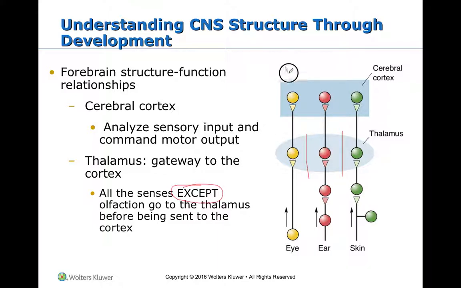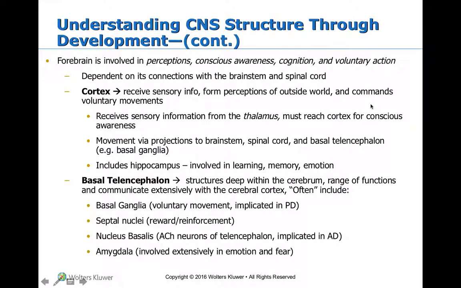So for the eye, this is primary visual cortex. For the ear, you have A1, which is primary auditory cortex. For skin, you'll have S1, which is primary somatosensory cortex. And this is where you're going to get the beginning of that sensory perception.